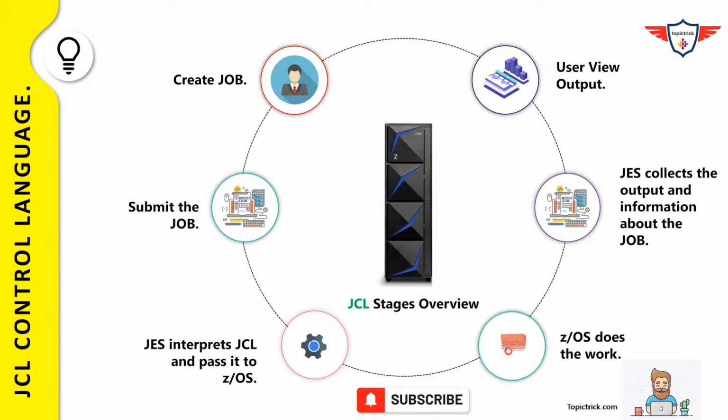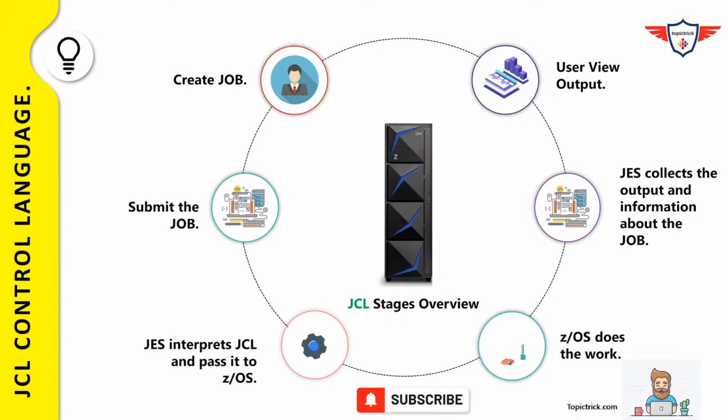And the second important term is initiators. An initiator is a system program that processes JCL, sets up the necessary environment in an address space, and runs a batch job in the same address space. You can also have multiple initiators, each in an address space. Multiple initiators permit the parallel execution of batch jobs.